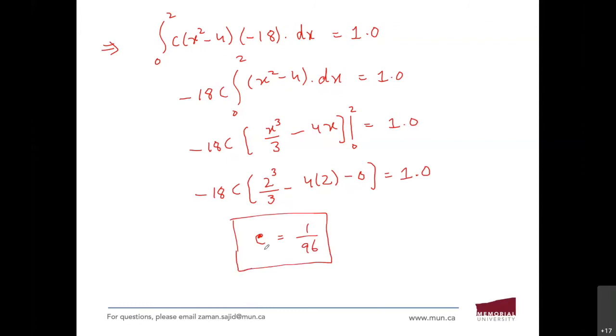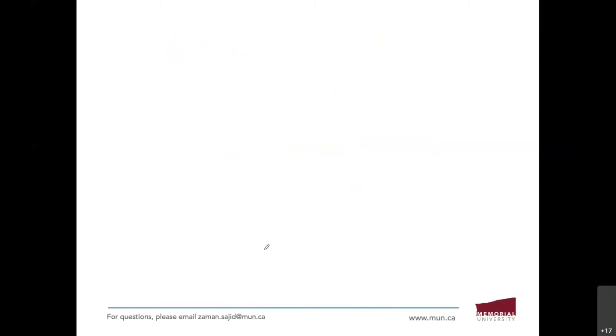Folks, I need to go to the next slide, please. Now in part 2, he was asking to find the marginal probability of x, which is f of x.